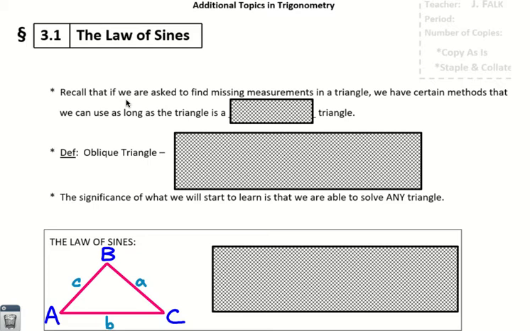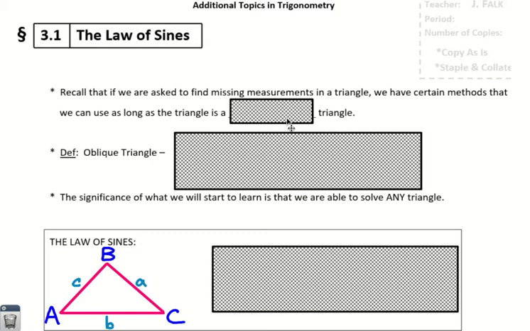Recall that if we are asked to find missing measurements in a triangle, we have certain methods that we can use as long as the triangle is a what kind of triangle? So we've learned how to use trigonometry in our first couple of units, mainly our first unit.